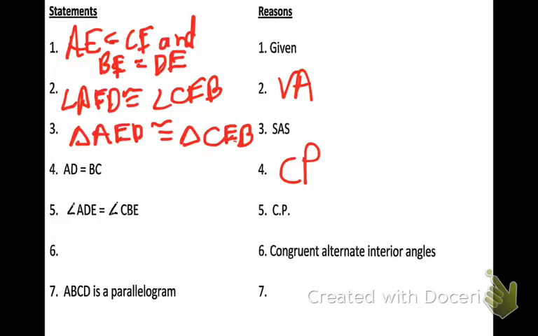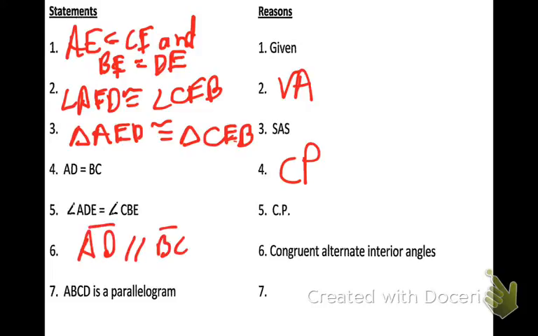So then what can I say because of the congruent alternate interior angles? Namely ADE and CBE being congruent. What could I say? By AIA. What could I say? Okay, I would say that AD is parallel to BC.